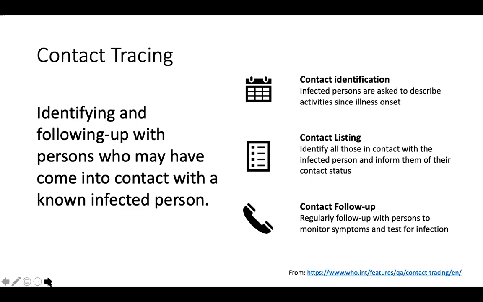You list out all of the people they likely came into contact with through those activities. And then you follow up and say, we have reason to believe that you were in contact with so-and-so, who recently tested positive for this infection, and we think you should be tested as well.